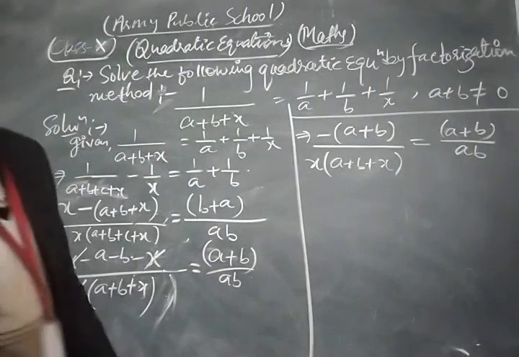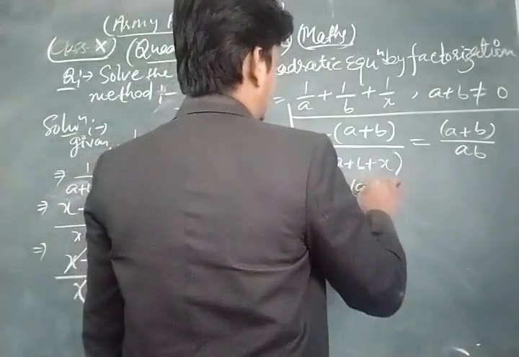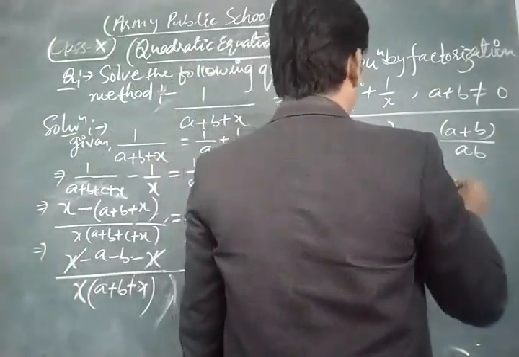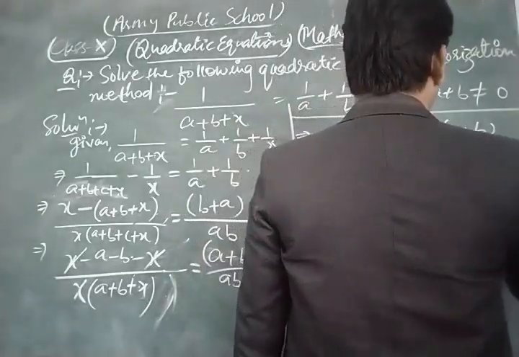Now we do the cross multiplication, so we get minus ab in bracket a plus b is equal to a plus b into x into a plus b plus x.